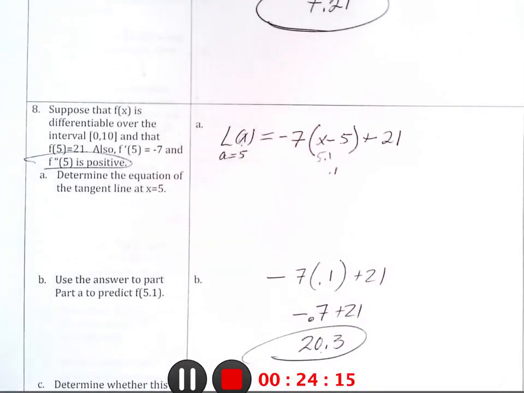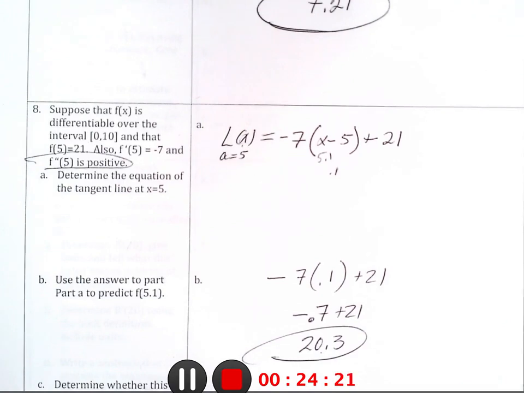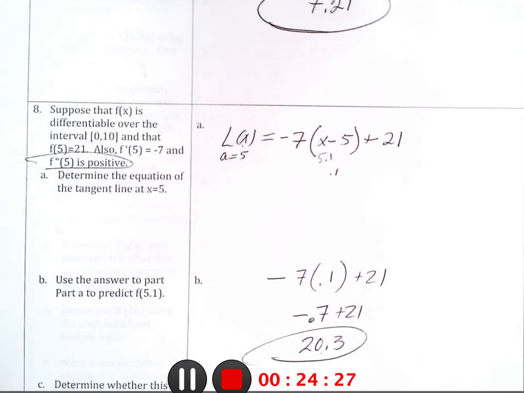So underestimate, because f double prime is greater than 0. That means it's concave up.